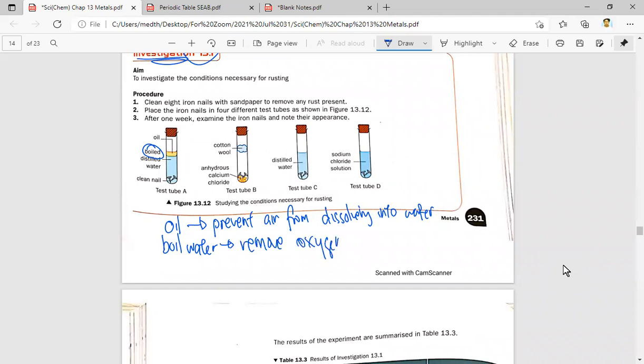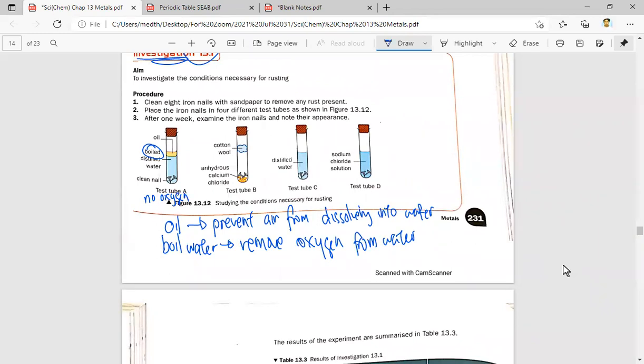Remove oxygen from water. So in actual fact, in test tube A, my nail wouldn't rust because with the oil and with the boiled distilled water, there's no oxygen in test tube A. So in test tube A, what they're trying to do is to make sure that there's no oxygen.